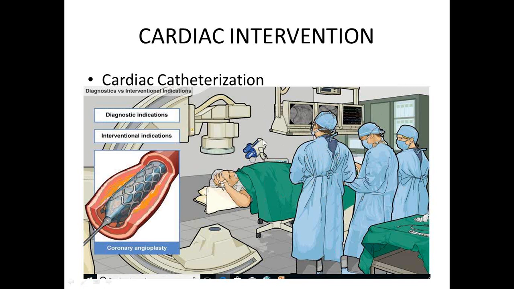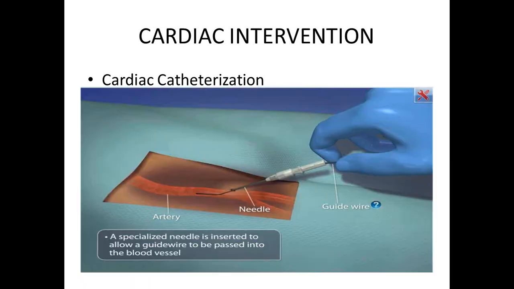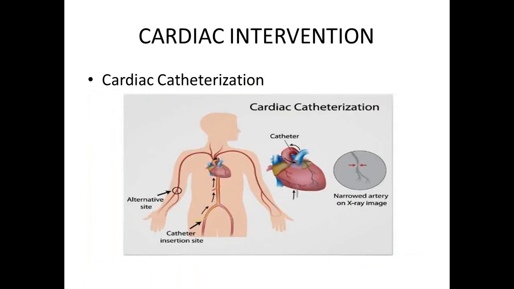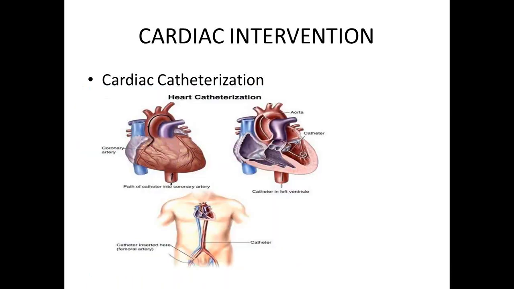And then this is what we call an injector. When we're in the left ventricle, we use a pigtail catheter. When we enter the left ventricle with the pigtail catheter, we inject dye into the left ventricle and see how well it pumps the dye out.